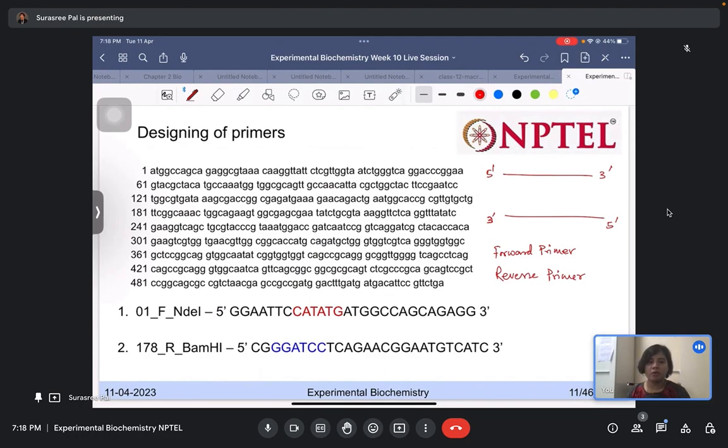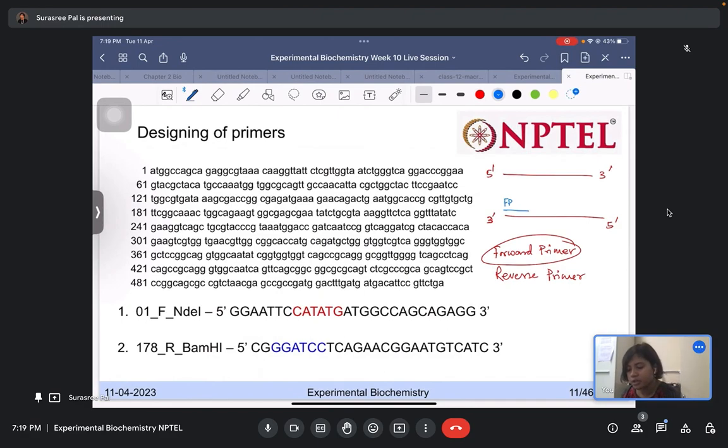So the difference between forward and reverse primer is that they are complementary to two opposite strands of the DNA. The forward primer is actually complementary to the 3' to 5' strand of this DNA.